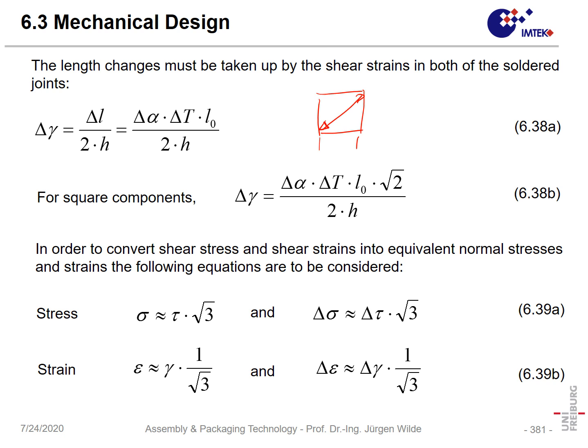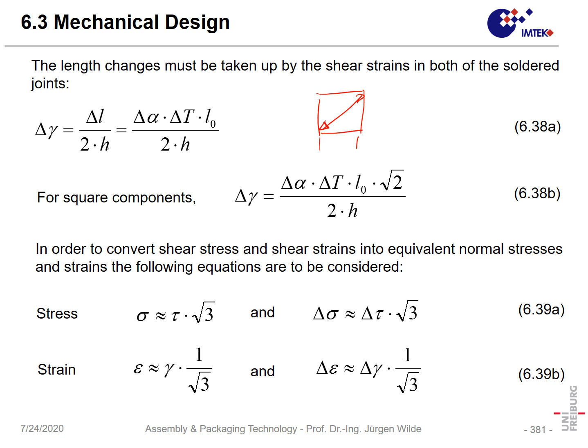On the other hand, in mechanics, we rather prefer to have uniaxial stress or normal stress and normal strain, which are uniaxial. And then we can say typically the uniaxial normal stress is shear stress multiplied with the square root of 3.